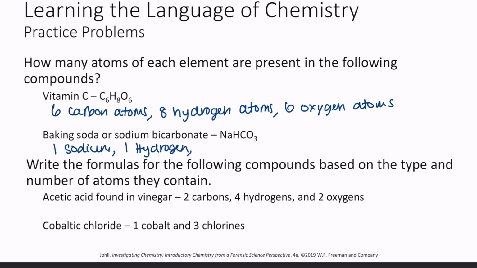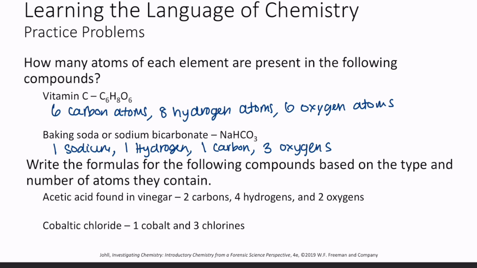My next symbol is C. If I look on the periodic table, I can see that C is carbon. So I have 1 carbon. And then finally, the subscript for my element symbol O is 3. My element symbol for O is oxygen. So I have 3 oxygens.